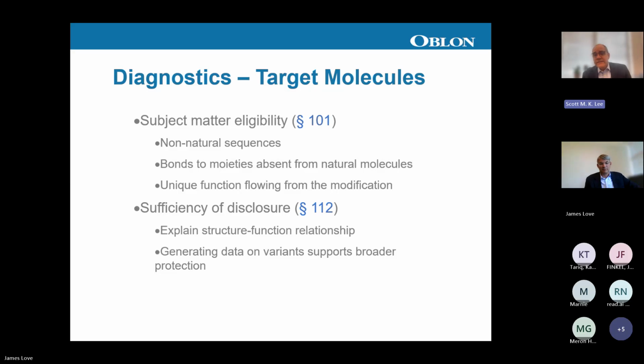There's also this issue of sufficiency of disclosure. So if we go back in time when people were generating chemical entities that were then used as therapeutics, for example, it was relatively straightforward to demonstrate through synthesis of a few exemplary molecules that you were entitled to get a patent that covers many million different variations on those molecules.